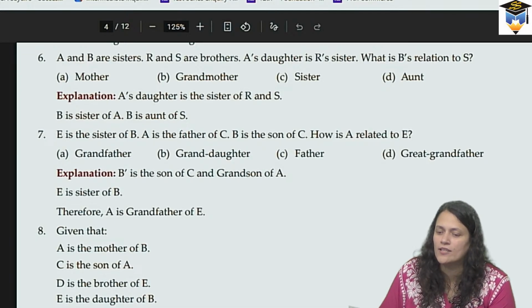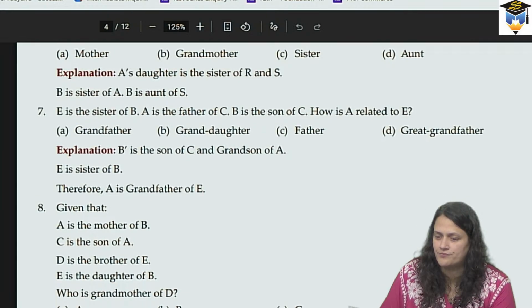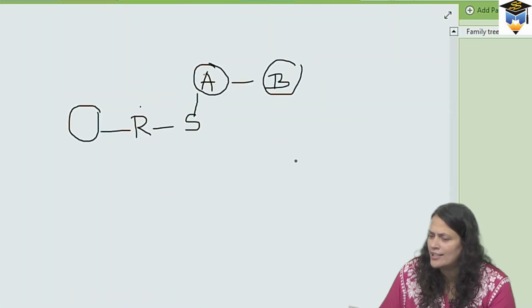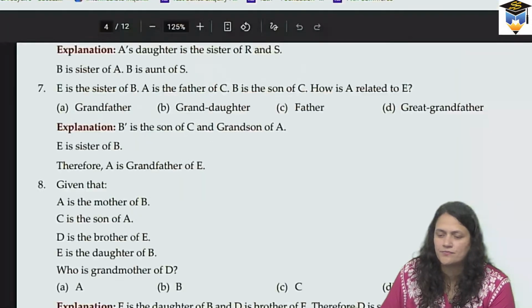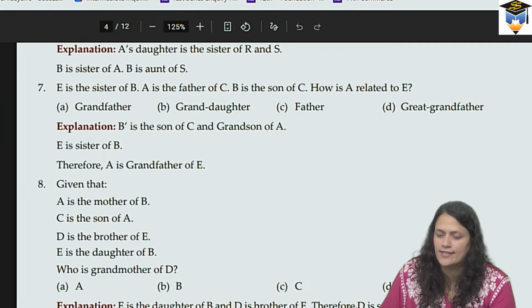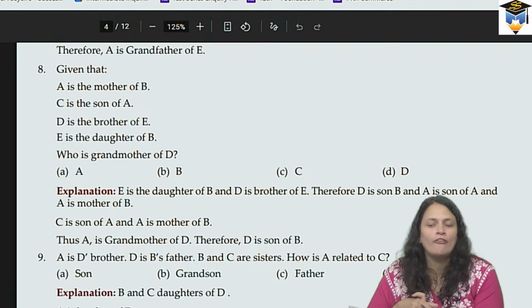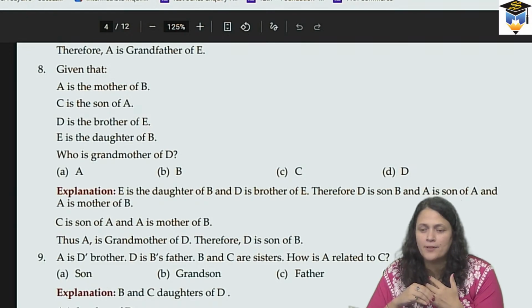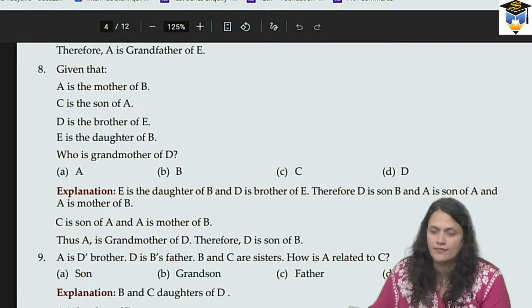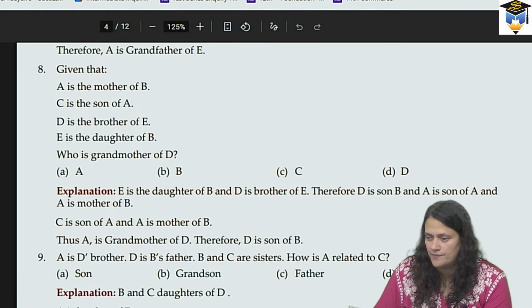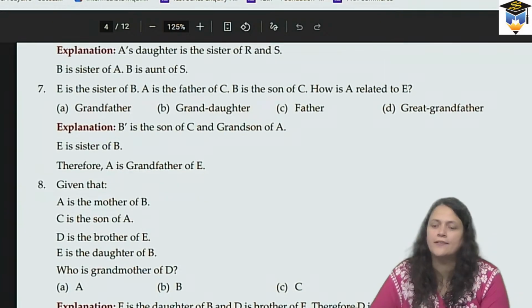Okay, now let us go to the seventh. So basically ह्याच्यावर directly आपल्याला answer येत आहे ना, कळतंय ना directly. Okay, now the eighth sum. Given that A is the mother of B, C is the son of A, D is the brother of E, E is the daughter of B. अच्छा 7 है. हाँ बर 7th करा.